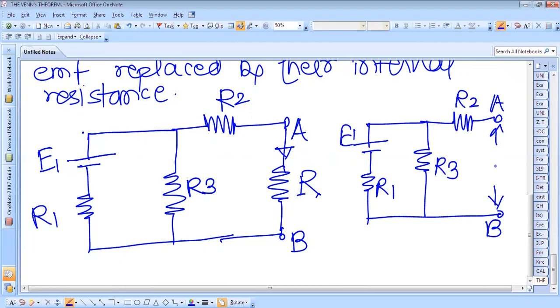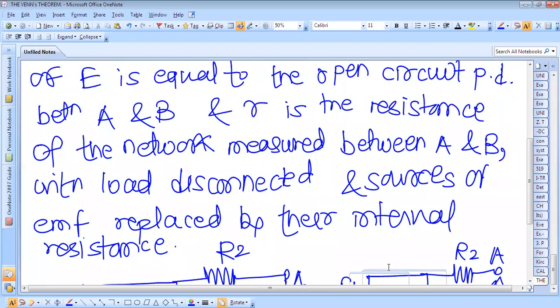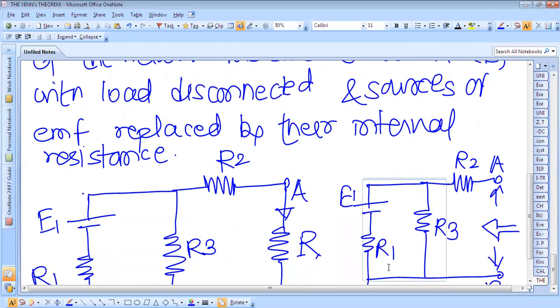And now we have to measure the internal resistance from these open circuited terminals A and B, whereas this EMF source we have to also replace by its internal resistance, if there is any. According to the statement, R is the resistance of the network measured between A and B, with load disconnected and sources of EMF replaced by their internal resistance.